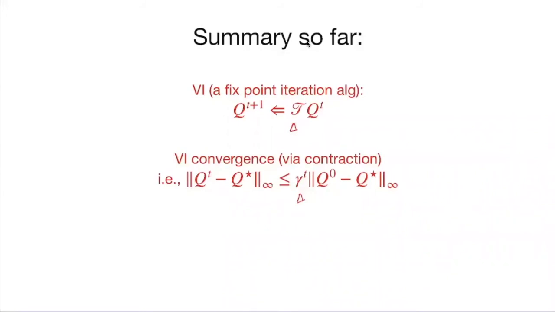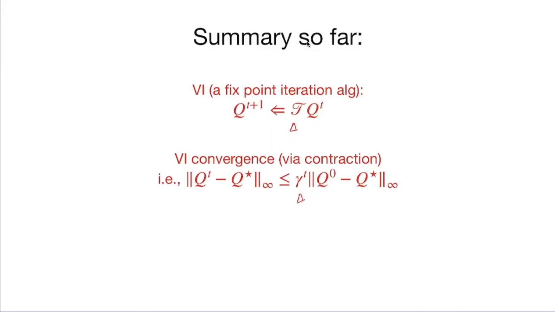Yeah, very good question. I was not planning to talk about this until the next lecture, but yes, you're right. For value iteration, we cannot actually guarantee convergence to the optimal policy, especially from the policy perspective, which we will talk about in the next slide. In order for value iteration to converge to the optimal policy pi star, you need some sort of gap between the optimal policy and the second optimal policy.